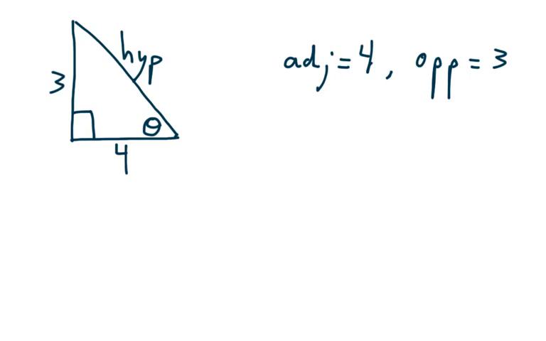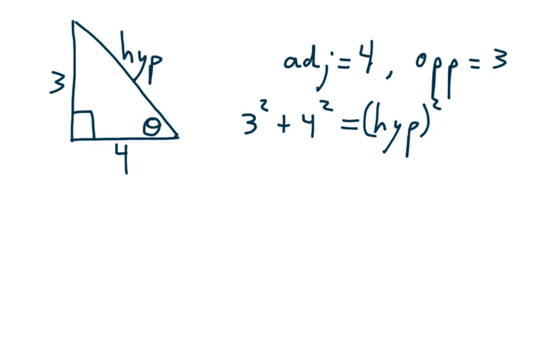So first we have to figure out what the hypotenuse is. How do we do that? We're going to use Pythagorean's theorem. Namely, by Pythagorean's theorem, 3 squared plus 4 squared is equal to the length of the hypotenuse squared.